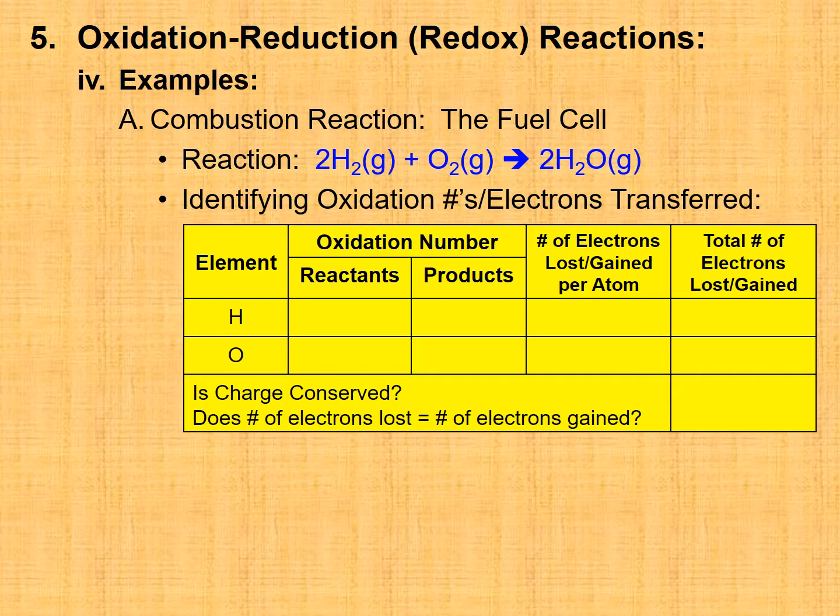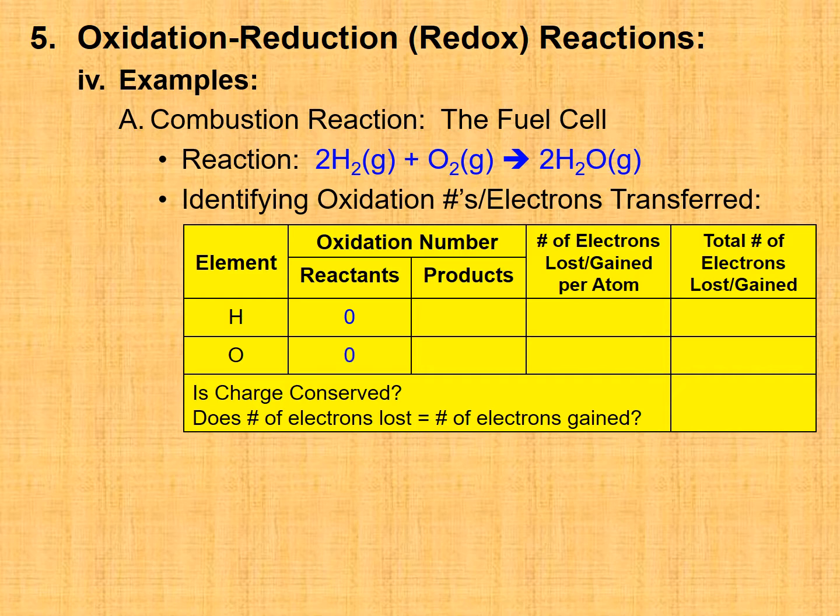Unless you're dealing with a species that is an ion where its charge is identified, you can assume that all substances are electrically neutral. That is, the number of protons and electrons must be balanced. So on the left-hand side of the equation, where we see the reactants taking the form of elemental hydrogen and elemental oxygen, these elements in their pure elemental form must have an oxidation state of 0.